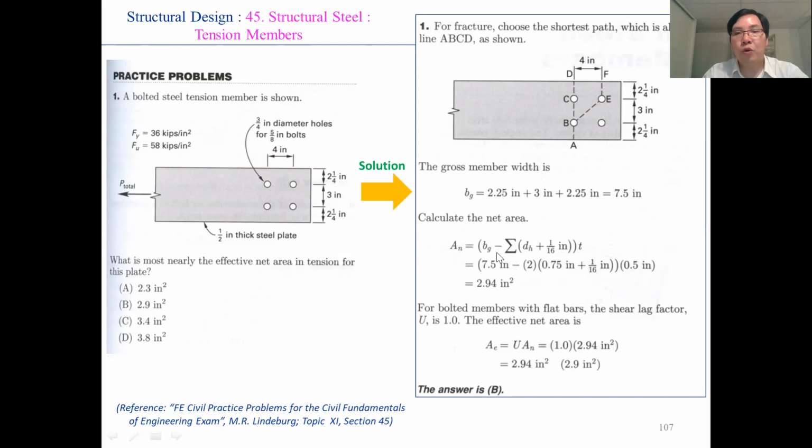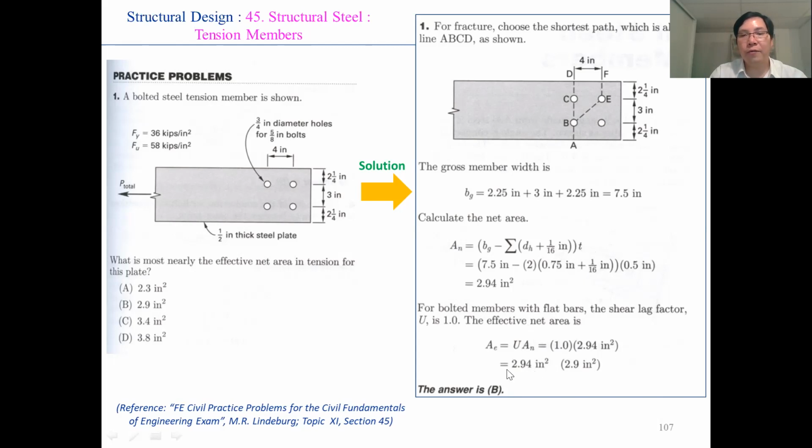AN is equal to BG minus the sum of the hole diameter plus 1/16 inch, times T. And finally, you can calculate the effective net area by this equation: AE equals U times A sub N, and you can find the final result of 2.94 in square.